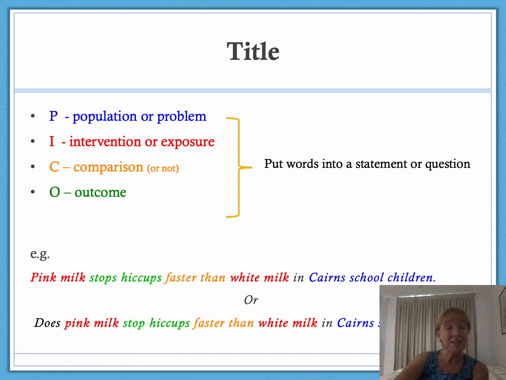The comparison is whether one is faster than the other. And the outcome is we're looking at stopping hiccups. So I've written the words down that resemble the P, the I, the C and the O, and then I sorted that sentence to make it make sense.